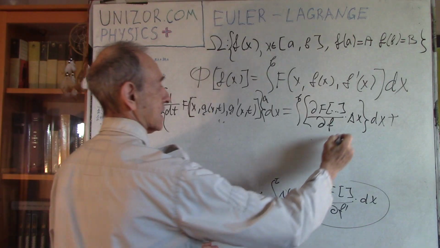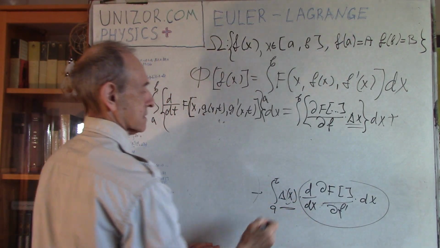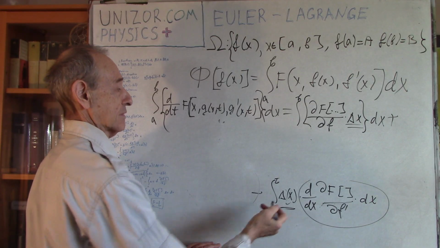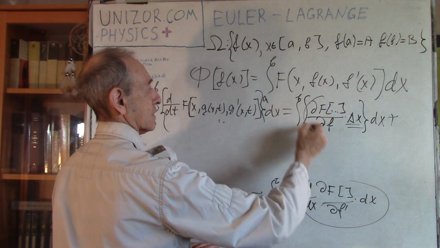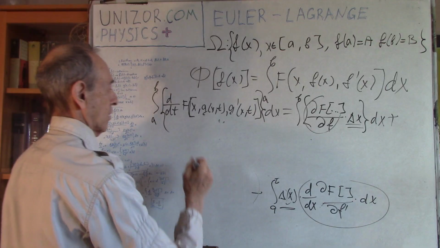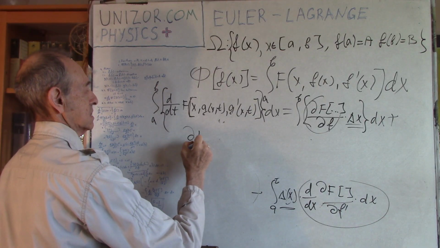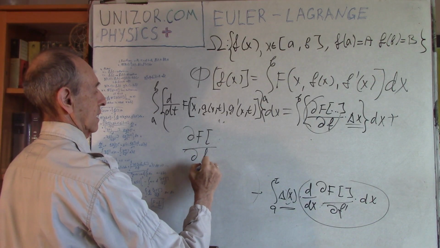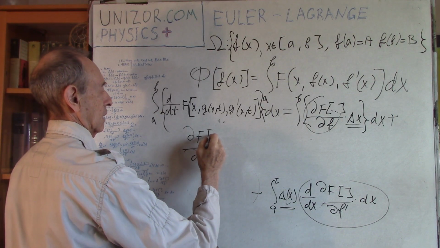Now, in both cases, I have a multiplier delta x, which means that if delta x is any function, then the difference between this and this must be equal to 0. So it's dF by df of what?